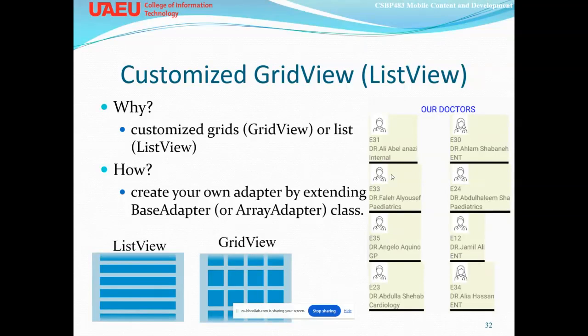If we have doctors, for example, and each doctor has an image, ID, name, specialty, gender, and so on, and we would like to have them inside the grid view, you'll see that the default layout of each element is not enough. So how can we do our own customized grid view such that we display whatever layout we want inside the grid view?